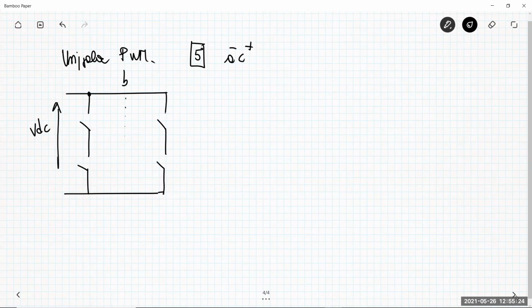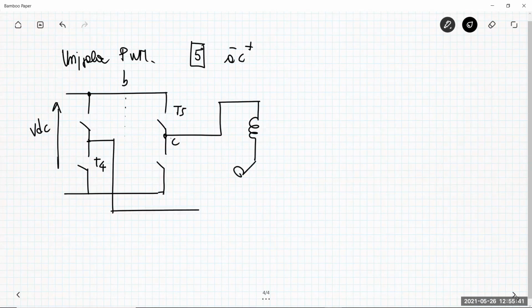Then you have T5 and T4 here. This is C. And then you have phase A. In that situation, the voltage VAC can be obtained.